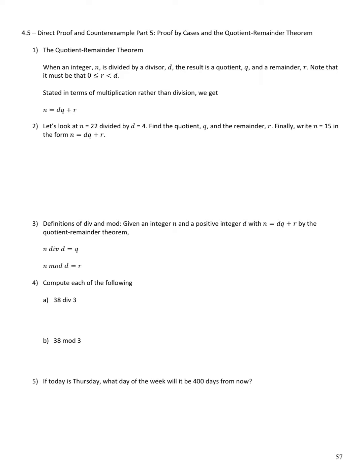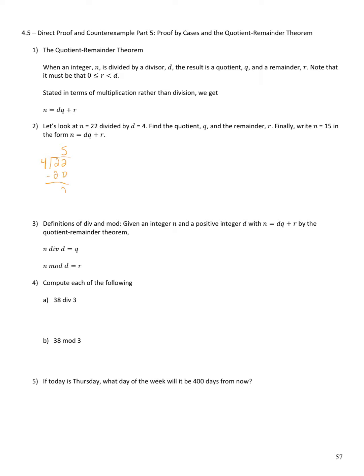So let's look at an example. n equals 22, divided by d equals 4. We want to find the quotient and the remainder. This is a little review of long division, if you remember back that far. 22 divided by 4: 4 goes into 22 5 times. 5 times 4 is 20.